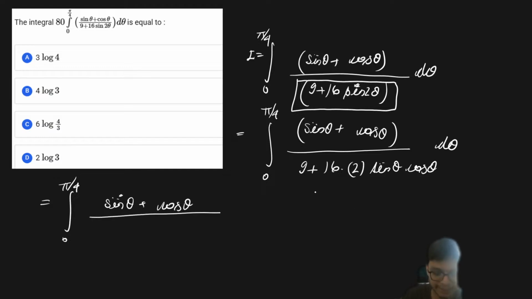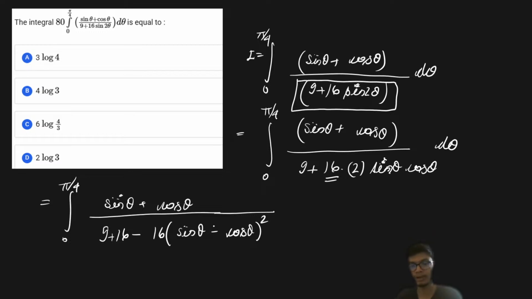So what I can see over here is that 16 times sine theta cos theta multiplied by 2 is present, right? And 9 is present over here. So the best way is that I can write this expression as 9 plus 16 minus 16 times sine theta minus cos theta whole square.